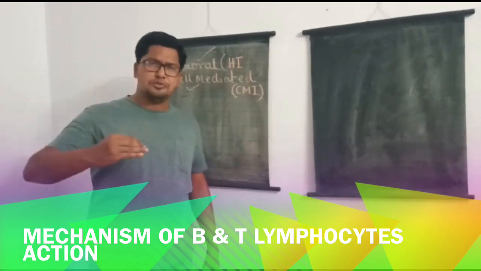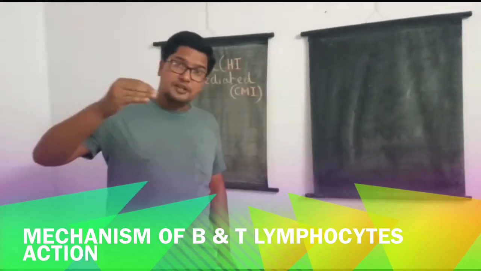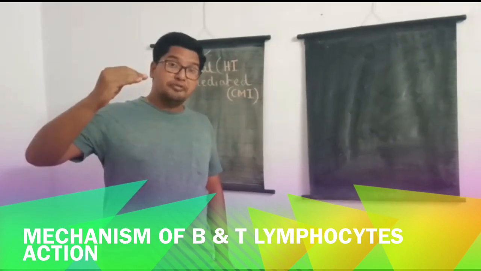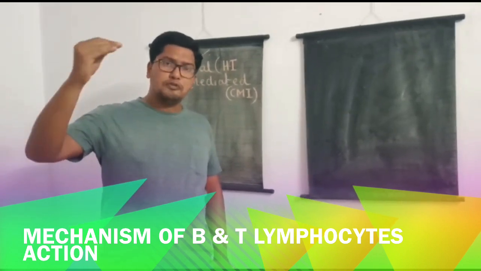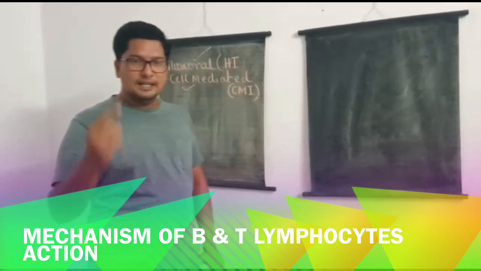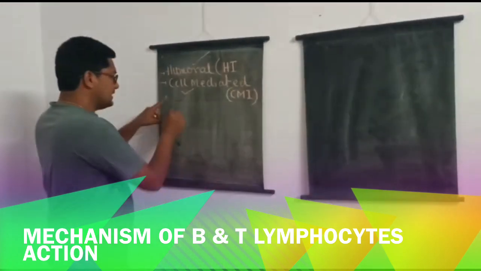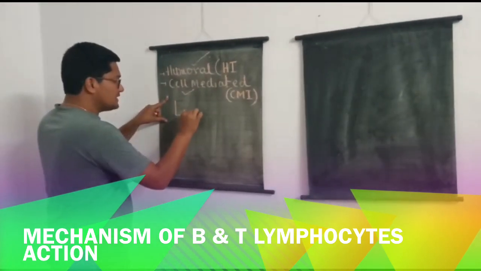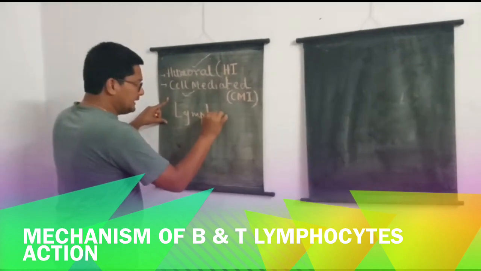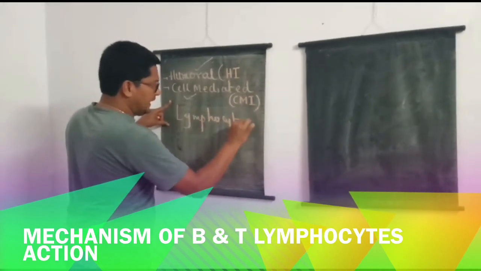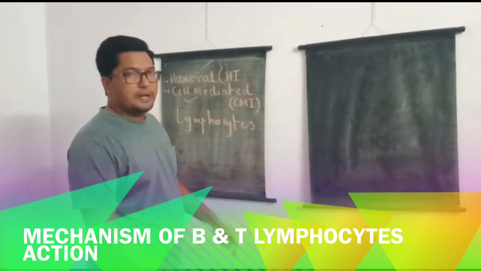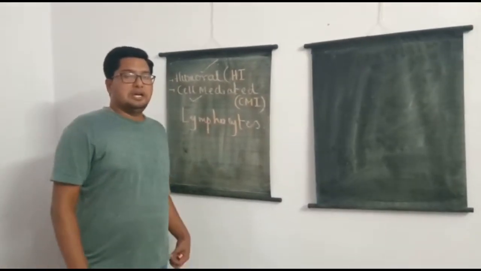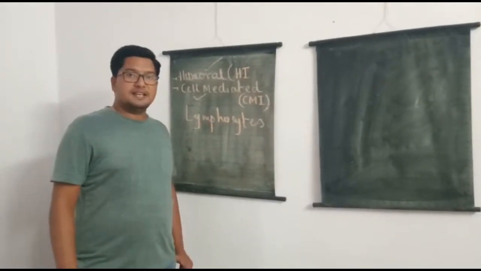And when you look into the different types of WBC which perform different types of functions, out of all the types of WBC, the most important cells associated with the immune system are lymphocytes. And if you remember, in blood composition we have studied totally 5 types of WBC are present.